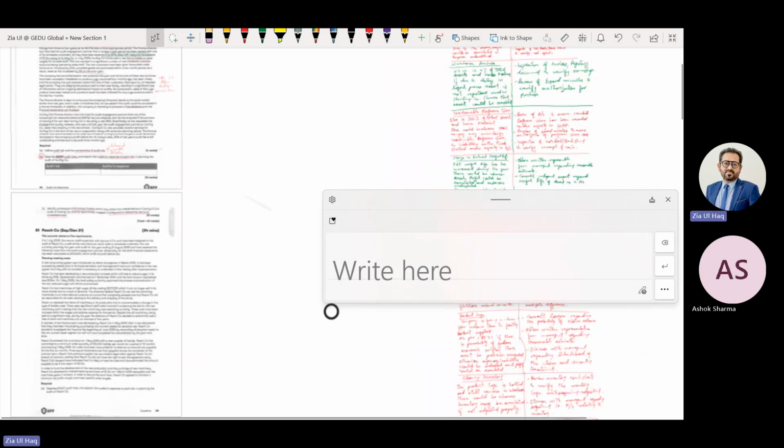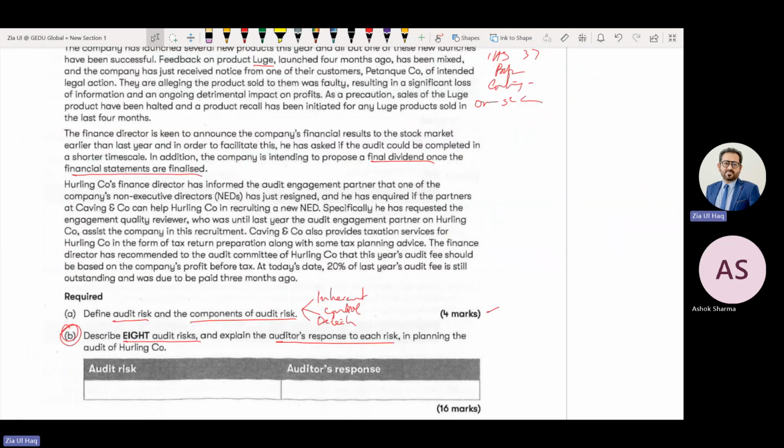From the last paragraph, we need to identify ethical threats as well as safeguards.